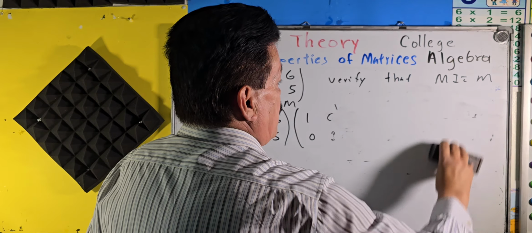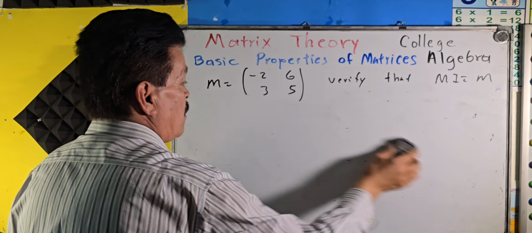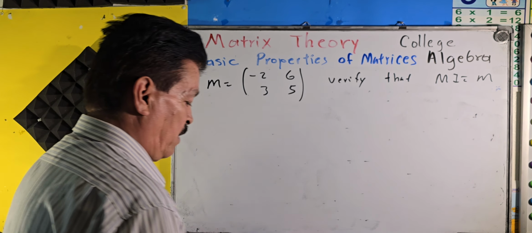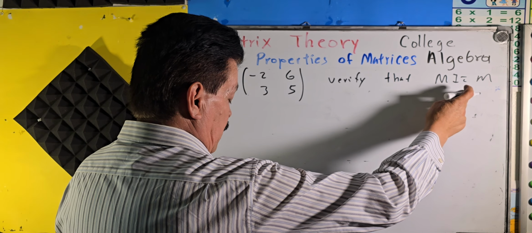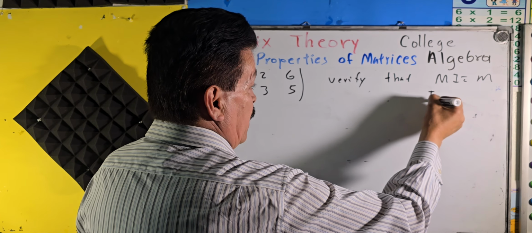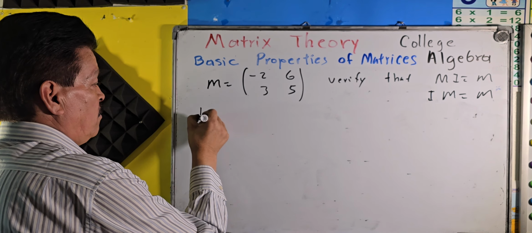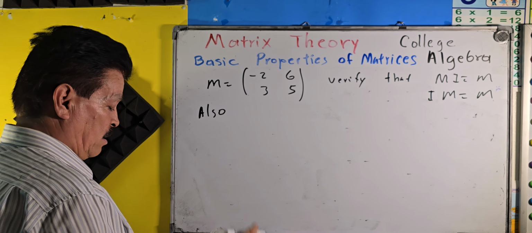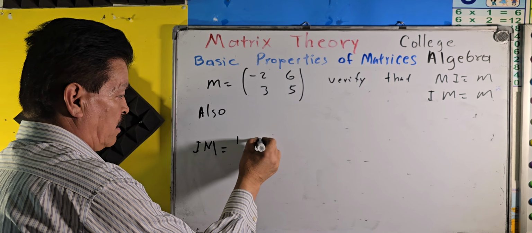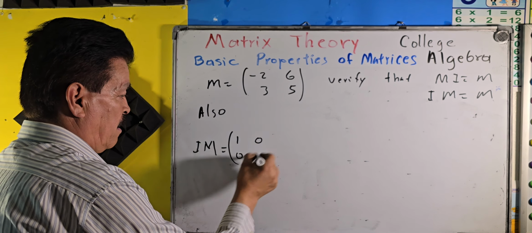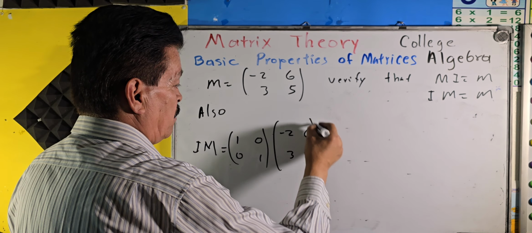Now the other way, to verify M. MI equals M, and then the other one, IM equals M. That's the other way. So IM equals, let's write 1, 0, 0, 1 times negative 2, 6, 3, 5, right?